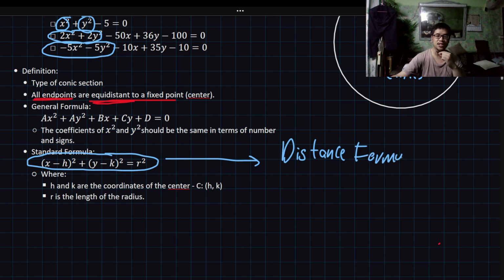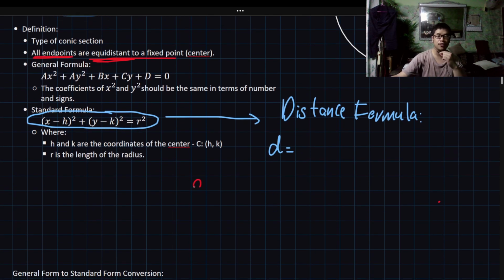What's the distance formula? Suppose we have two given points, from this point up to this point. This is point one, this is point two. You want to know the distance between them. Assume that the coordinates of point 1 are x sub 1, y sub 1, and point 2 are x sub 2, y sub 2.